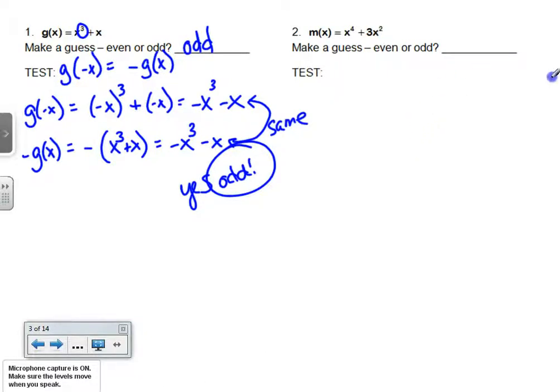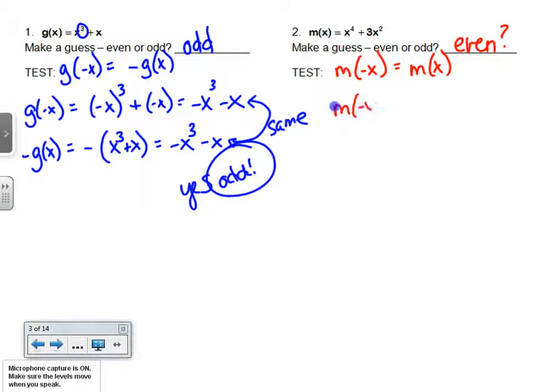So number 2, our new function is x to the fourth plus 3x squared. And if you had to take a guess, I'm thinking most of you would think maybe this was an even function. And we're going to go ahead and test it. So remember, if it is an even function, that means when I evaluate it at negative x, it should come back and give me the same exact function that I started with. So let's try that.